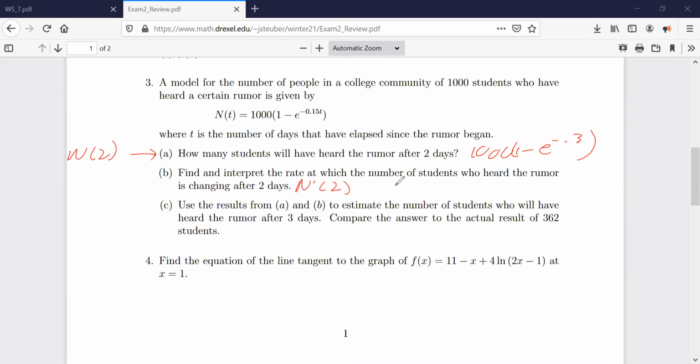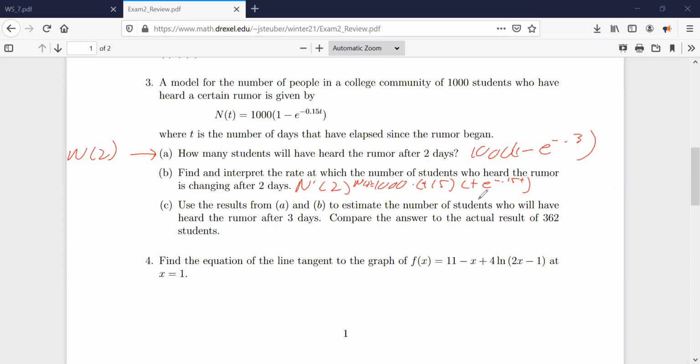So if you do that, that is 1,000 times negative 1.5 times negative e to the negative 1.5 t. So that's n prime of t is equal to that, and then the double negative becomes positive.